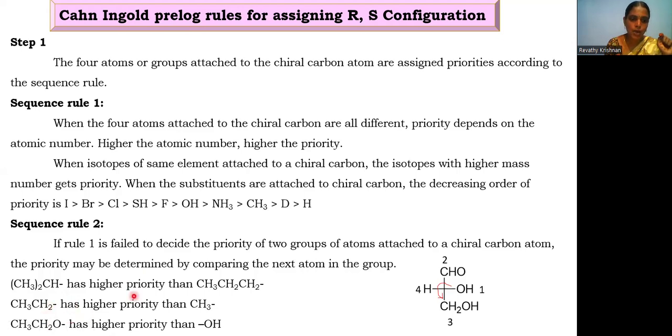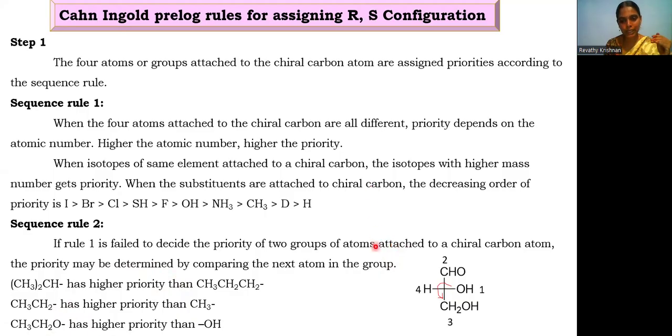Similarly, when OH is compared with the ethoxy group, in OH the attaching atom is O, and along with the O we have only one hydrogen. But in ethoxy, the O has one carbon attached. So the ethoxy group has more priority than the OH.